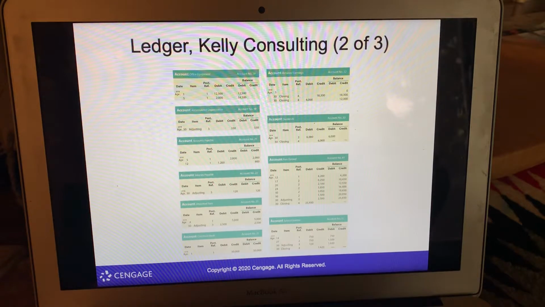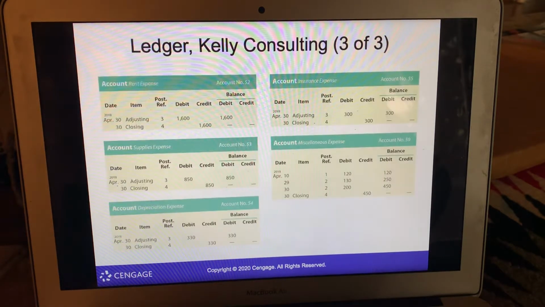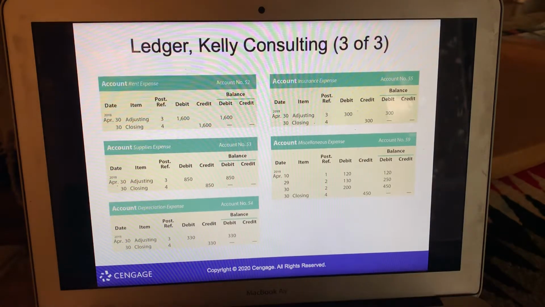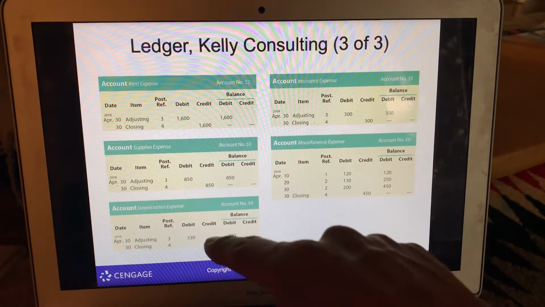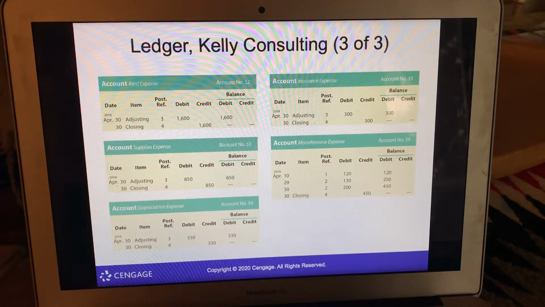So that includes some assets, some liabilities, some fees, some revenue accounts, some expense accounts, and also our equity accounts. And here's the ledger as well: rent expense, insurance expense, miscellaneous. And these are all expense accounts. These are income statement accounts. Accumulated depreciation expense as well.